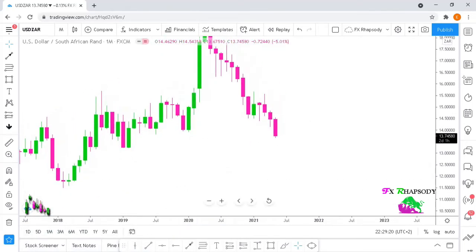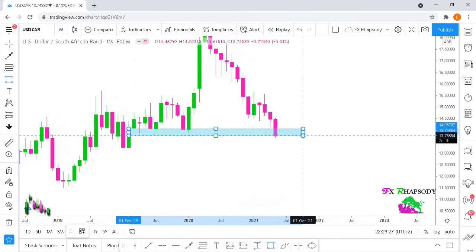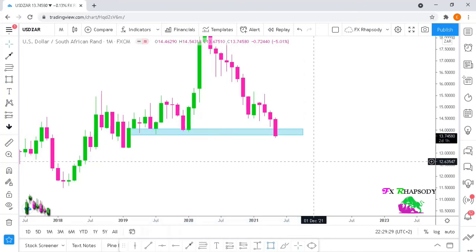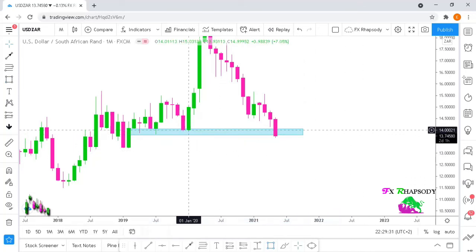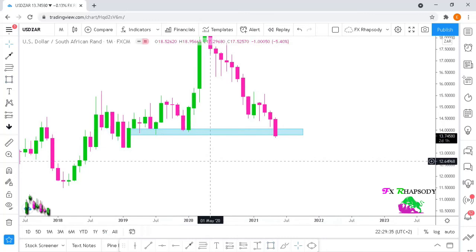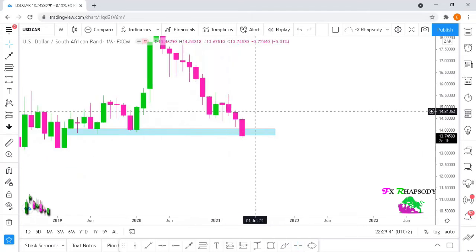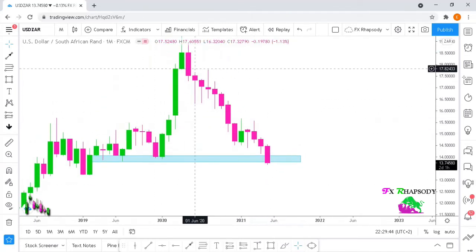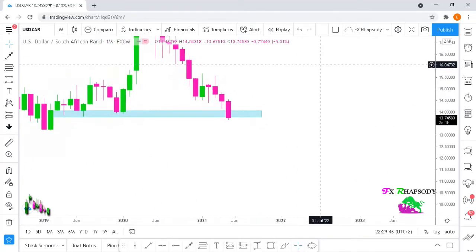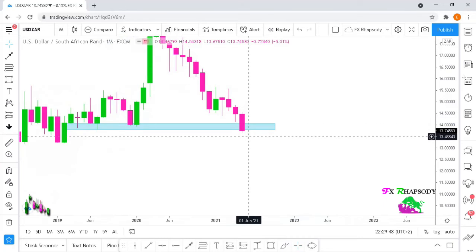So basically, there's a big nice area of support that I've seen here, and this is back in 2020, just before this COVID thing happened. Price has now come back into this area again after this whole pandemic rallying up and coming down, and now the rand is getting a lot stronger against the dollar.